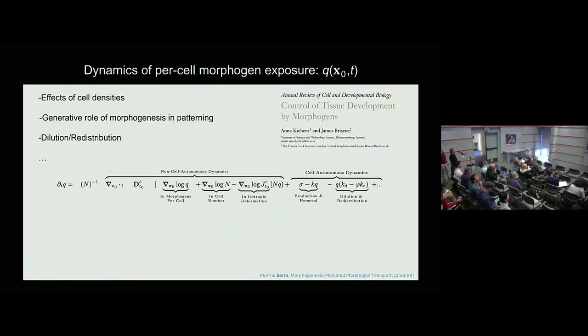You can start coupling the dynamics of Q. This Q is really morphogen per cell as cells move. If you are brave enough to attach terms that couple this with the tension in the tissue or whatever you can measure, then you can incorporate it in these dynamics. But I want to highlight that whatever we did here was basically kinematic. It's a prediction without assumptions on these things.